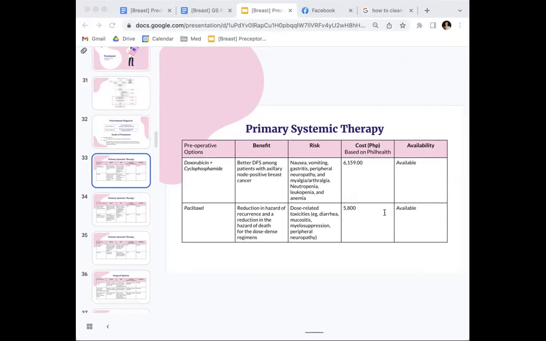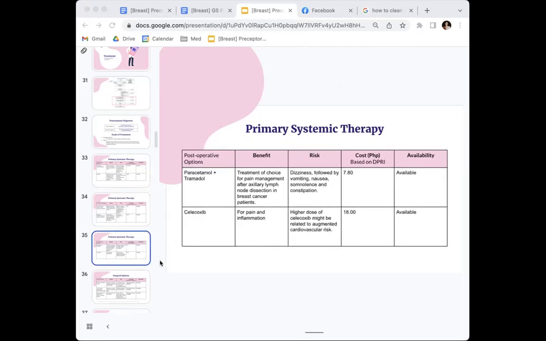At least it will decrease the size just to hold on until the pandemic is over, no? Okay. So ito yung comment ko lang dito sa neoadjuvant treatment, no? And then so you jump to the post-op pain management. And post-op management ka na, no, before the surgery.